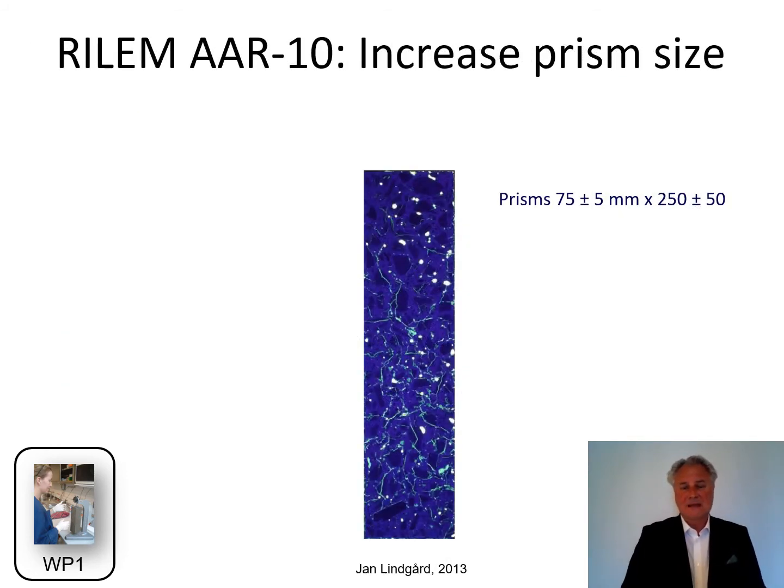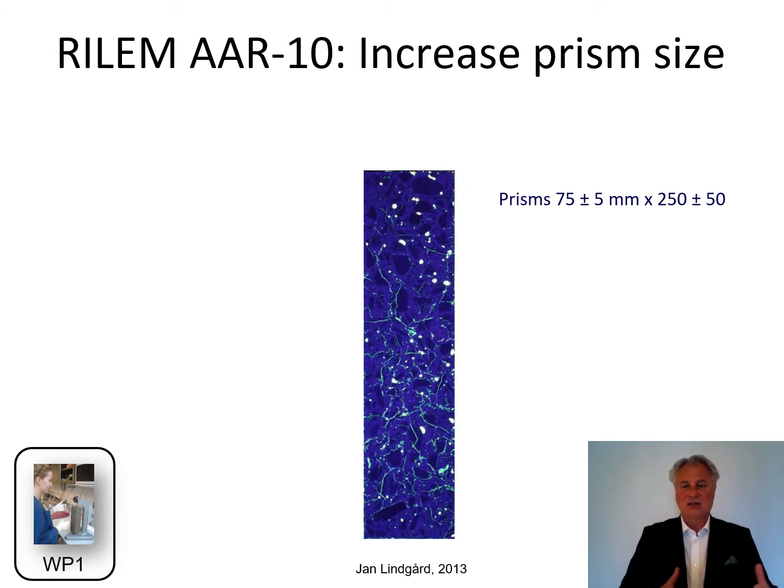One of the reasons we came up with RILEM AAR-10 was that we saw the need to increase the prism size. In a Norwegian research project and a PhD work by Jan Lindgaard back in 2013, it was realized that with prisms of this size, it was a problem that we got some leaching on the top and the bottom of the prisms.